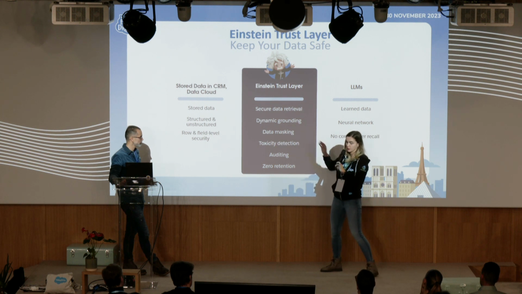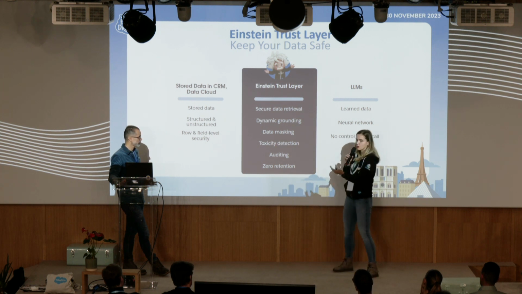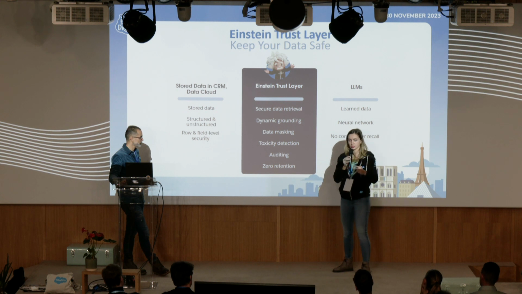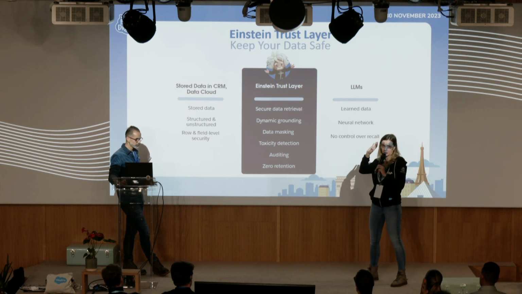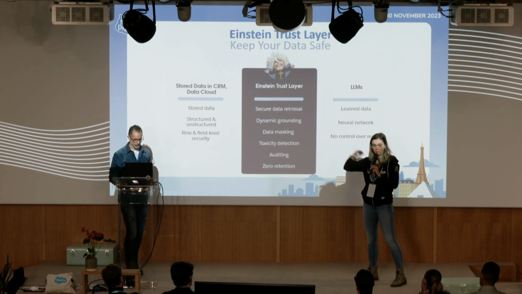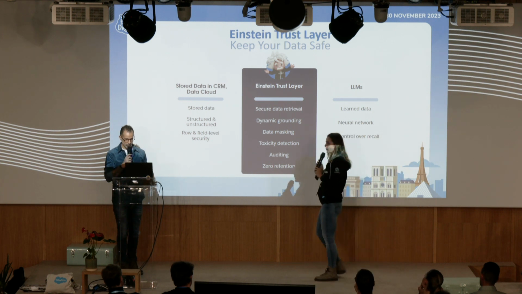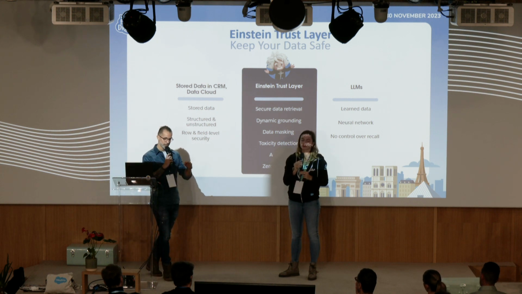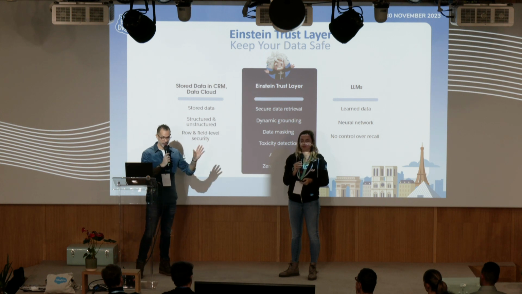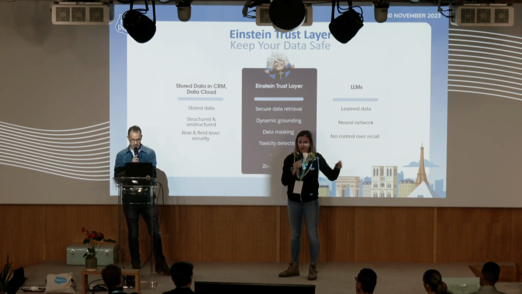All of this will be covered today, to do audit, toxicity detection, and zero retention modeling so that your data is not passed insecurely to some third-party tool. So Einstein Trust Layer is not an LLM. First information you should know: it's a layer between the LLM and your data.